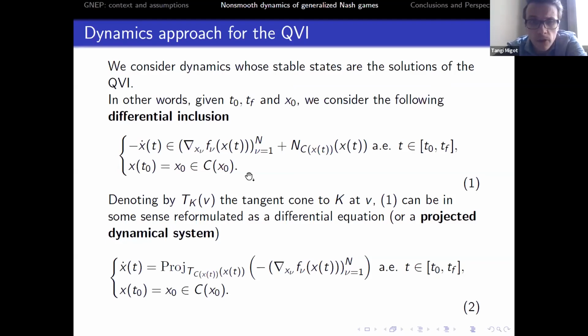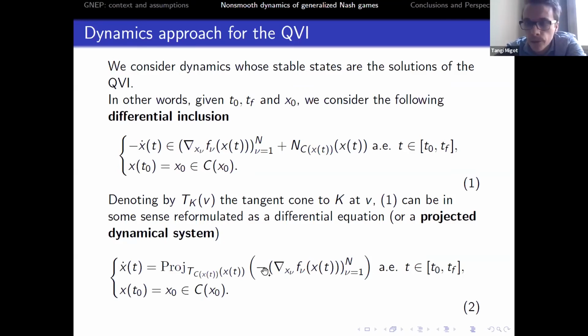Then this differential inclusion can be reformulated in some sense as a projected dynamical system, where now the dynamics is equal to the projection of the gradients over the tangent cone, okay? And so a solution of 2 will be a solution of 1, and the slow solution, so a specific type of solution of 1, will be a solution of 2, okay? So there is some sort of equivalence between the two formulations, okay?